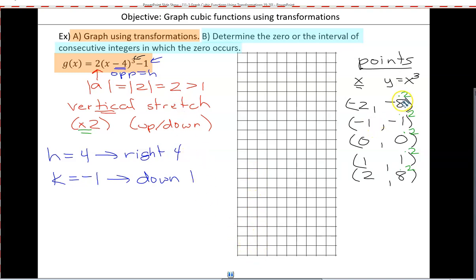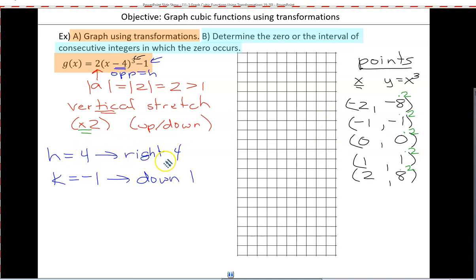The distance from -16 to +16 is 32 units. I don't have 32 squares. So what that tells me is if I'm going to get all of these onto my graph, I'm going to have to change the y-axis scale to counting by 2s. So when I draw my axes, I'm going to want to make sure that I put in numbers to remind myself that each line vertically is going to actually be 2 units. And we've seen graphs like that in the previous lesson.